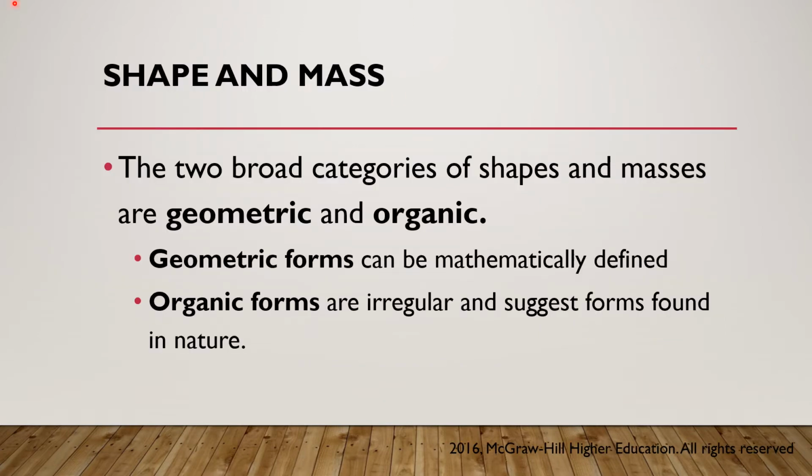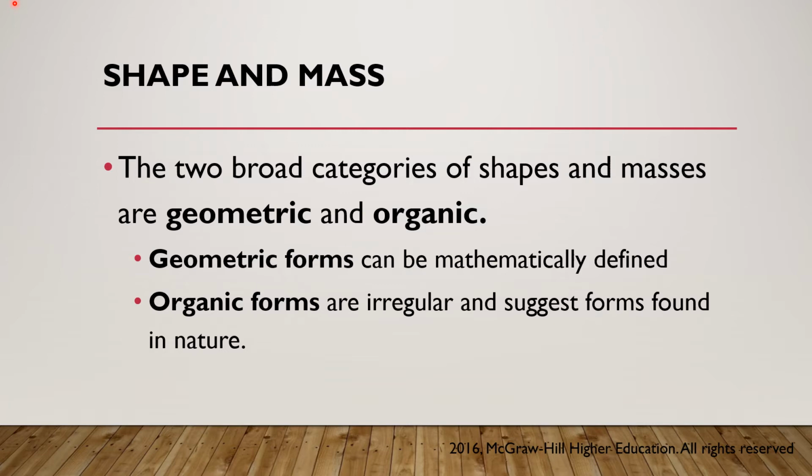All right, we've got a couple of broad categories for shapes. I'm not going to worry about masses right now, but shapes come in two forms. They come in organic and they come in geometric forms. A geometric form is anything you can put a name to: a circle, a square, a triangle, a rhombus, whatever.